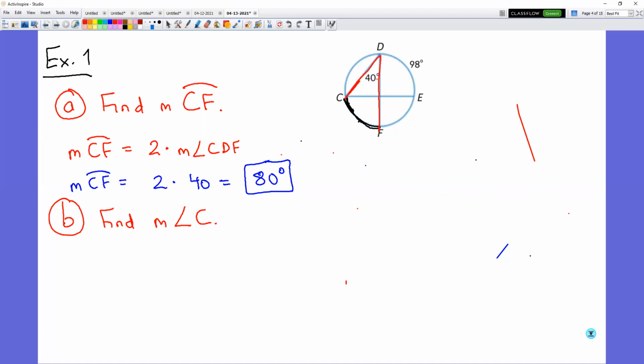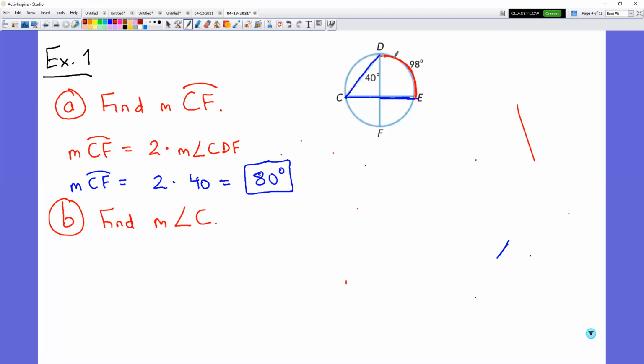I'm going to erase this part right here, and now I'm going to deal with finding angle C. Angle C is an inscribed angle because its vertex is on the circle. Here's angle C right here. Now let's look at what arc it is facing. The arc that it is intercepting is right here. That's 98 degrees, so that's arc DE.